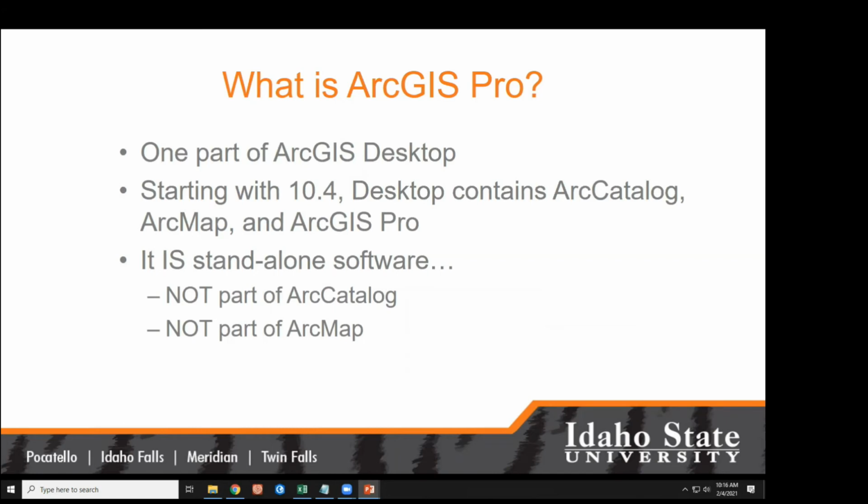Arc Catalog and Arc Map are at version 10.8, 10.8.1, I think is the most current. And the most current ArcGIS Pro is actually 2.7.1. A new patch just came out the other day while I was teaching workshops.